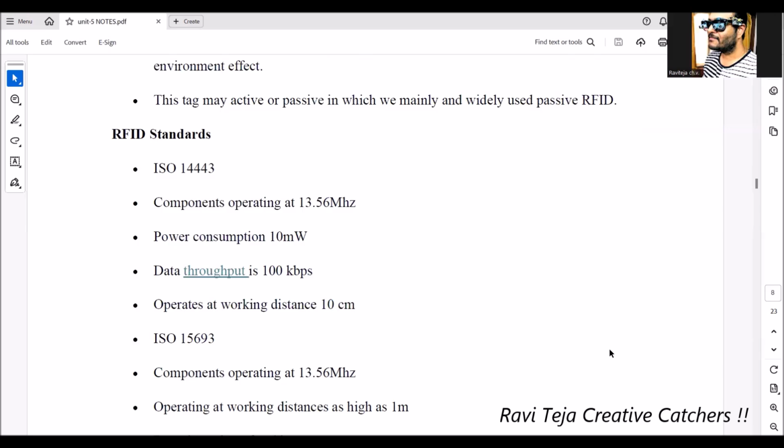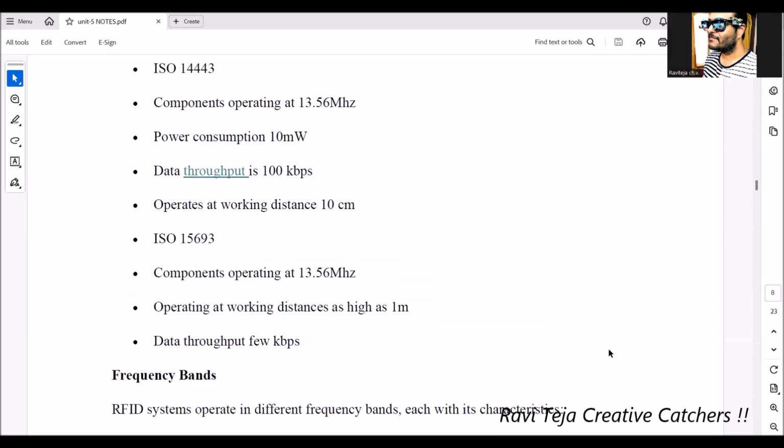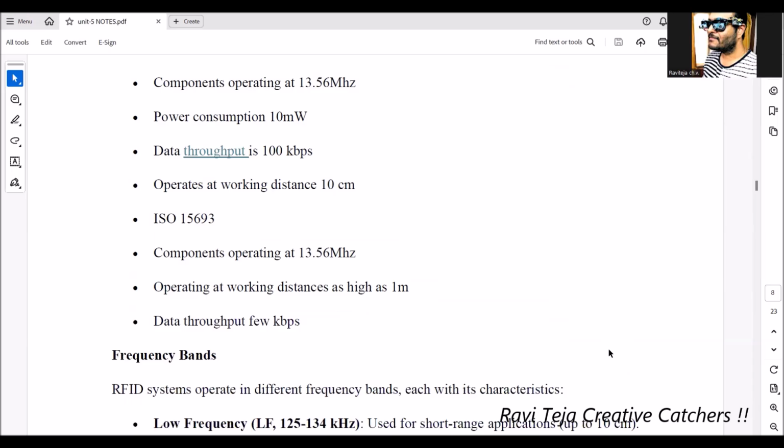And the operating working distance: the minimum distance can be 1 centimeter, and the maximum can be 1 kilometer also. But if you see the standards, on an average 10 centimeters will work fine for RFID technology. They also follow ISO 15693 and come with particular operating frequencies, and we have already seen all these things.